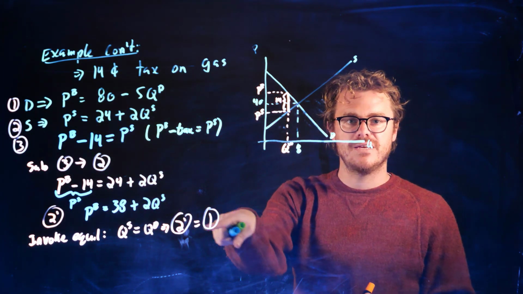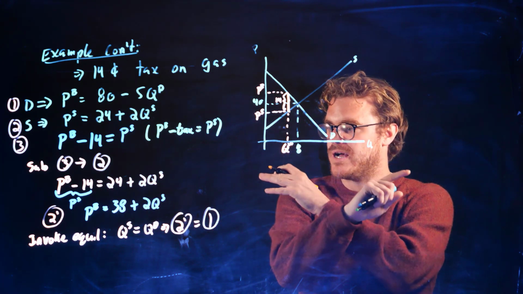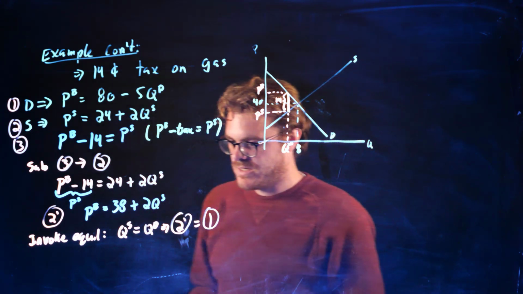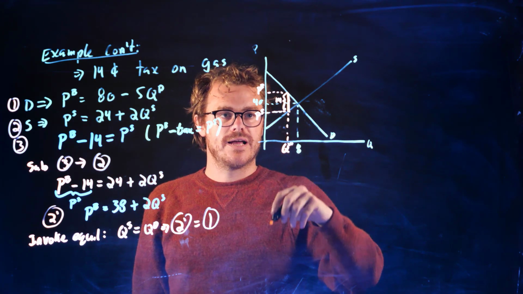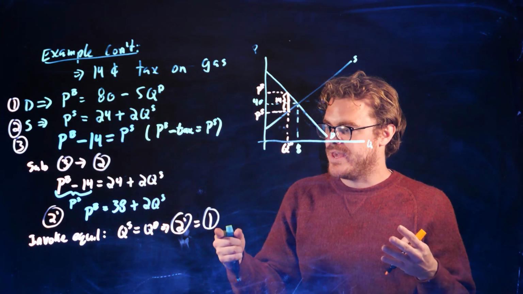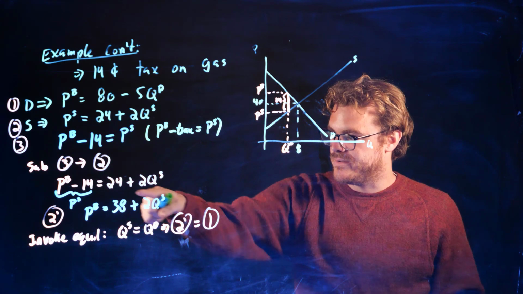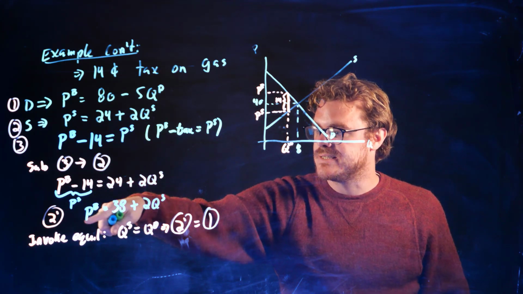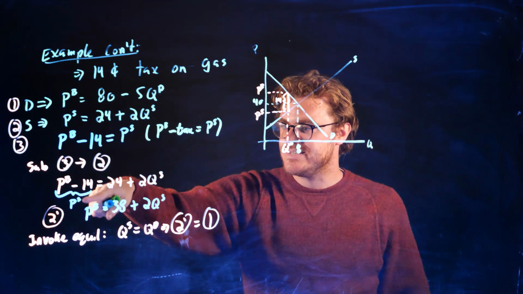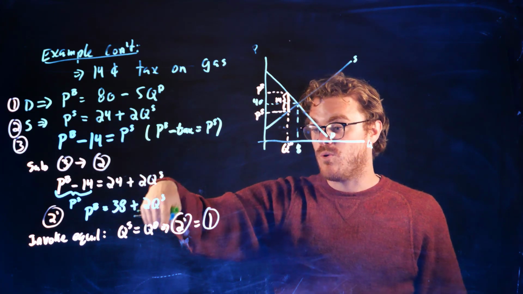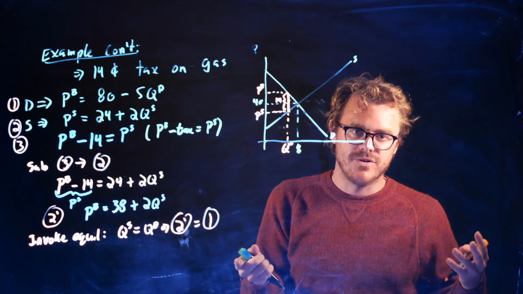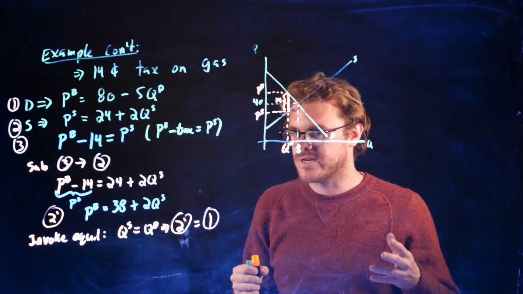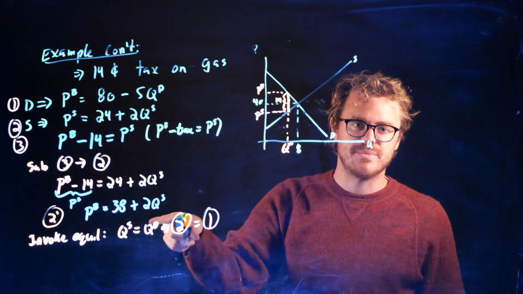The demand curve equals the supply curve, right where they cross. So we're figuring out where they cross, and then that will allow us to figure out what the price the buyers pay is, or the quantity, and we can start figuring out all the different identities. All right, so let's take a look. I'm going to quickly erase this because we got to do some algebra.